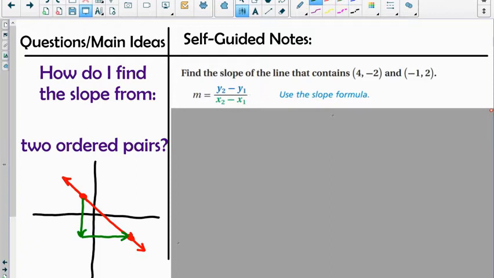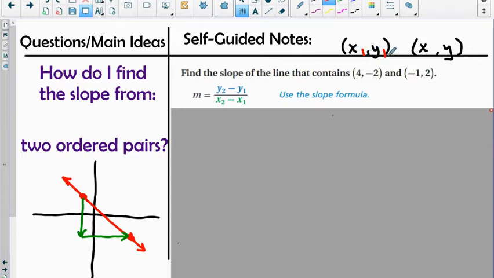And you might be wondering, well, what are those little 1s and 2s? Any ordered pair always has an x and a y coordinate. And because we end up having 2 ordered pairs, we have 2 x's and 2 y's. So in order to tell the difference between those, if it's from the first ordered pair, we use a little 1.